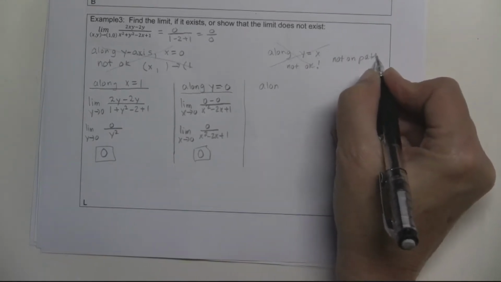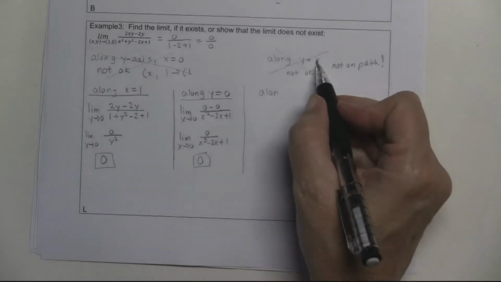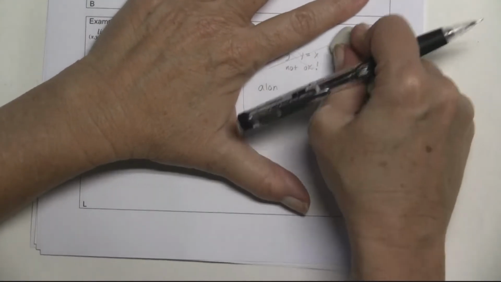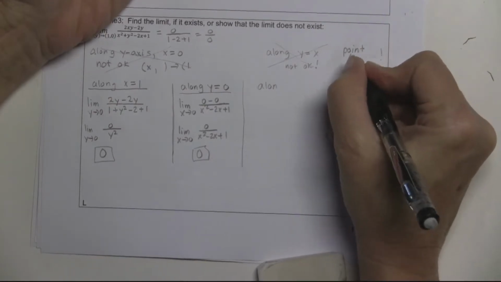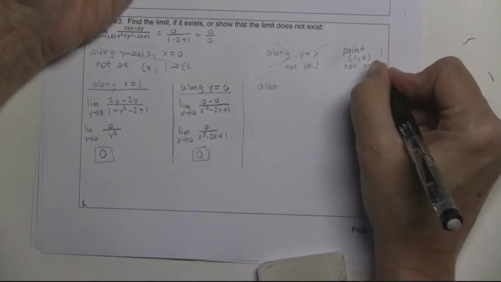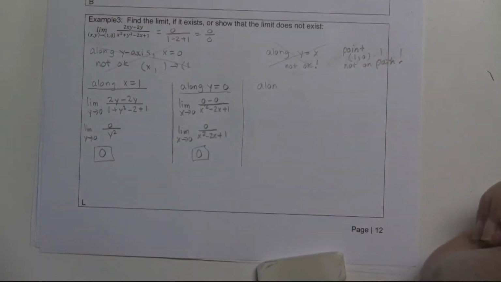That's why it's not okay. It's not on the path. This is the path, and I'll say point not on the path. That's better. Point 1, 0 not on path. That's more like it. That's more accurate of what I was trying to say.